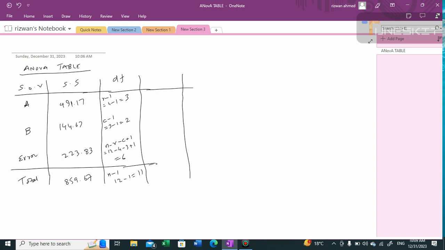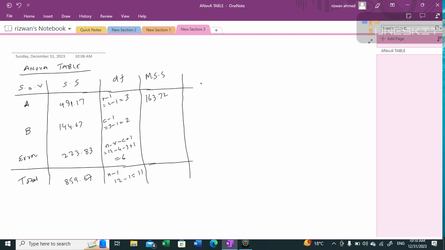Now we divide each sum of square value by its associated degrees of freedom to get the mean sum of squared value. So that's 491.17 divided by 3 gives us 163.72.